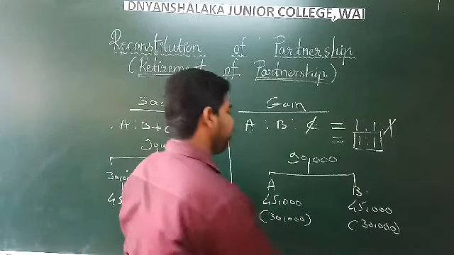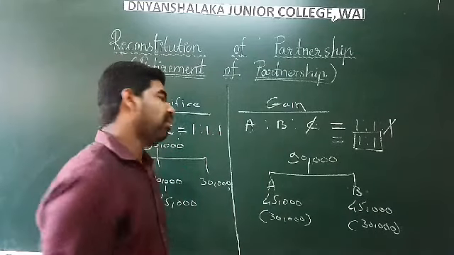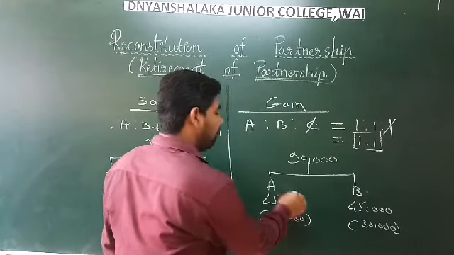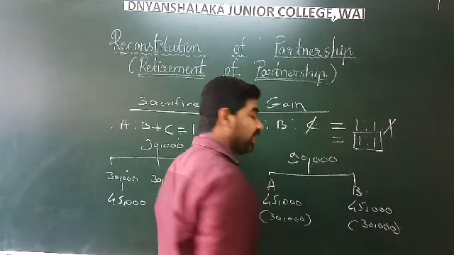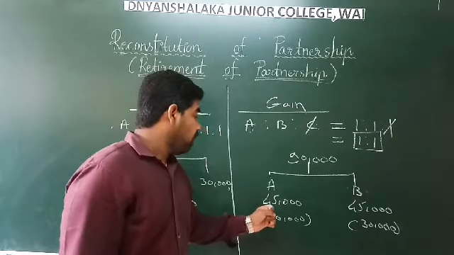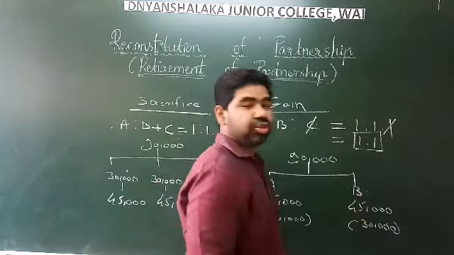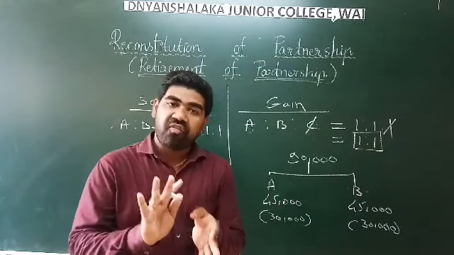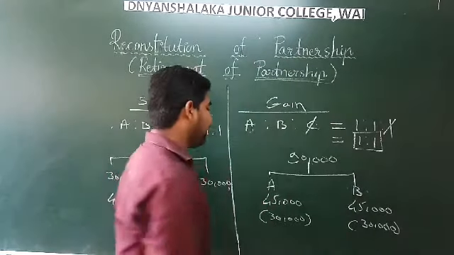But now, because of retirement of the partner, A earns the profit of rupees 45,000. B also earns the profit of rupees 45,000. Means if we compare with previous profit, now A earns extra profit of rupees 15,000 and B also earns extra profit of rupees 15,000.